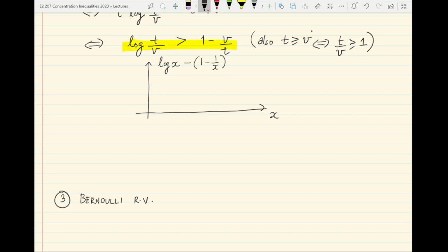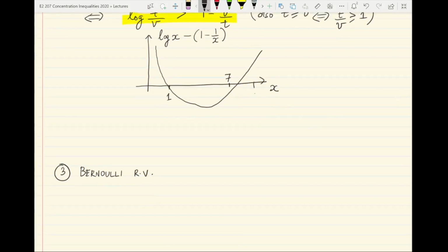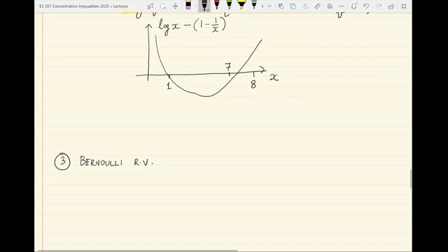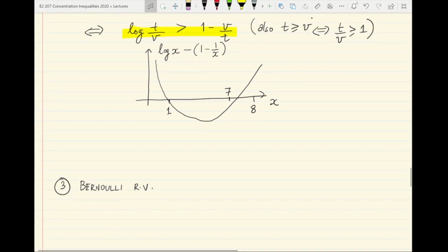If you plot this function, it will look as follows. At 1 it will become 0, and it will rise only after some time. At about 7.2 or something, this function again starts to rise above 0. So this is how log x minus 1 by x looks.